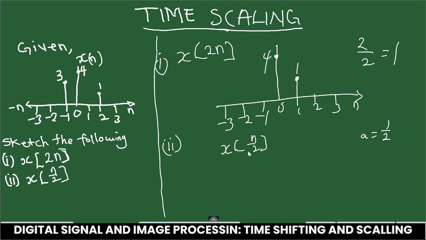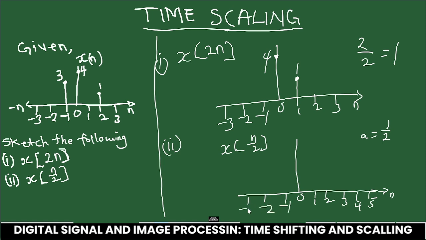As simple as that. The denominator here is 2, so whichever position you take, you multiply it by 2. Then you simply sketch your new signal. 0, 1, 2, 3, 4, 5, -1, -2, -3, -4.